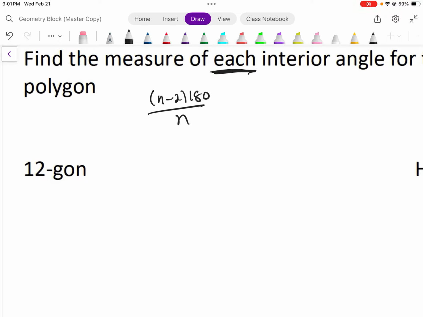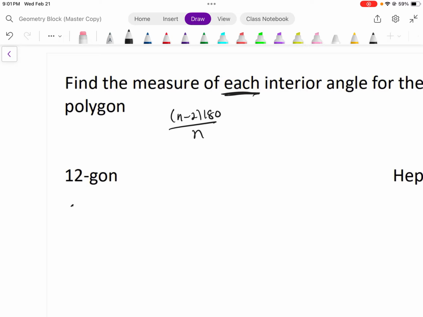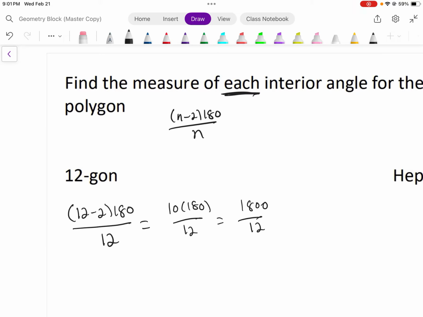So in the first situation, the 12-gon, we actually found the n minus 2 times 180 part, but we'll do it again. Now in this case, I'm going to divide by 12. On top, we get 10 times 180, which gives us 1800.